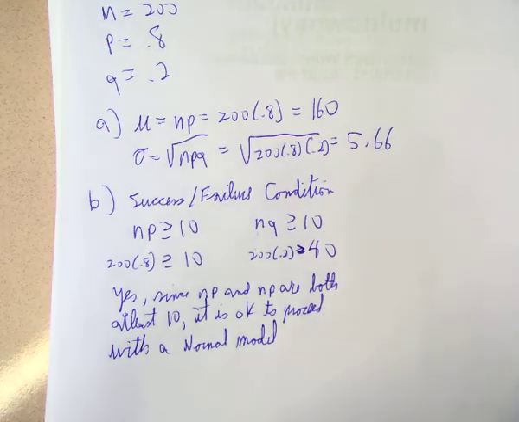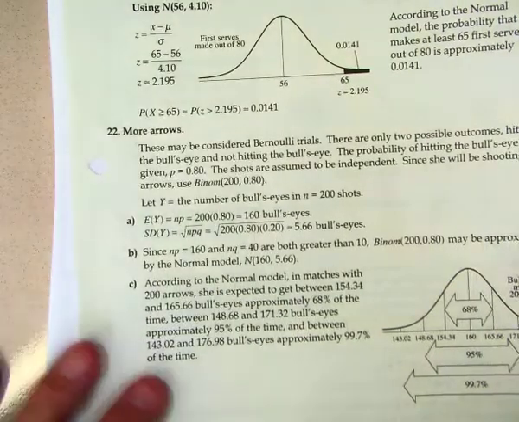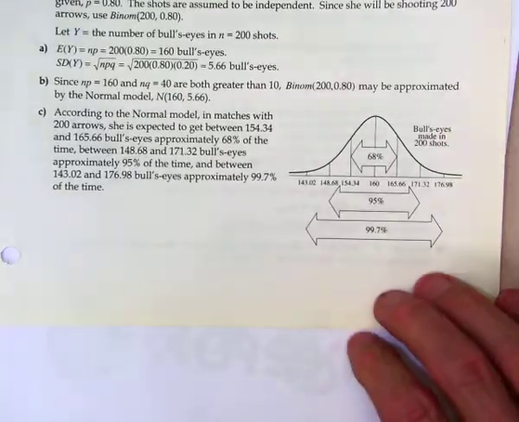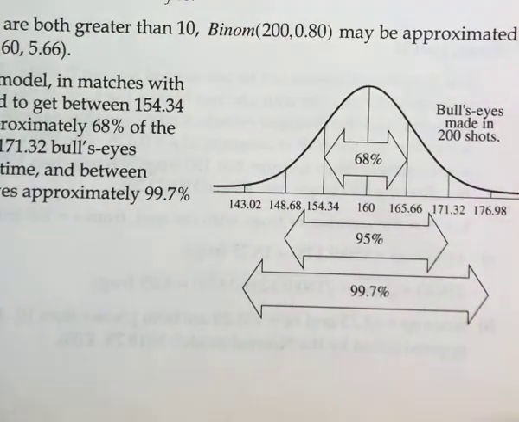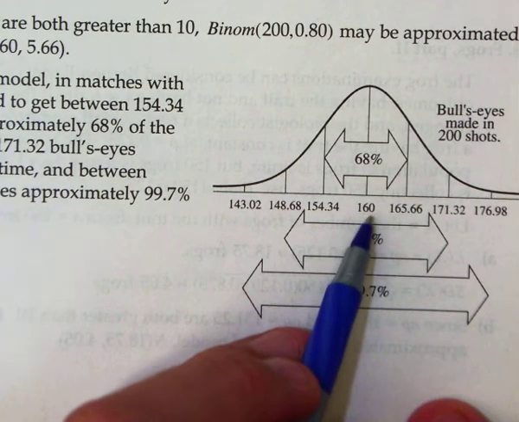So I'll use the 68, 95, 99.7 rule to describe this. And I'm just going to put this up on the page and show you what it looks like. You would create the normal model. Let me just zoom in on this. So there's your mean of 160.